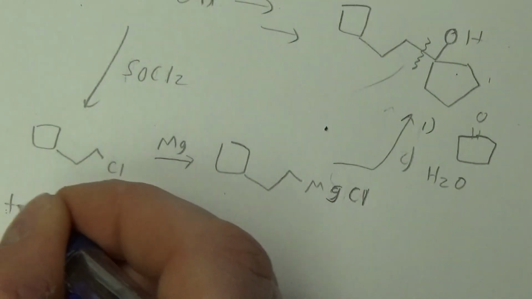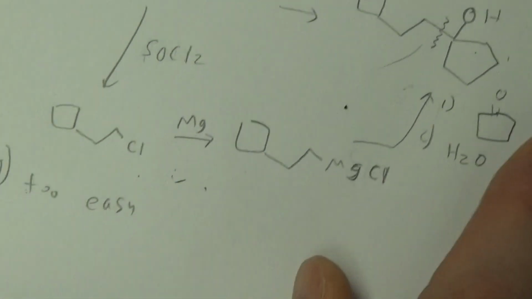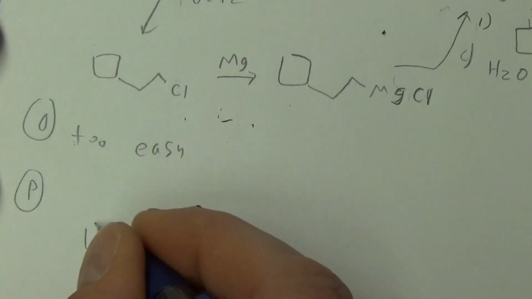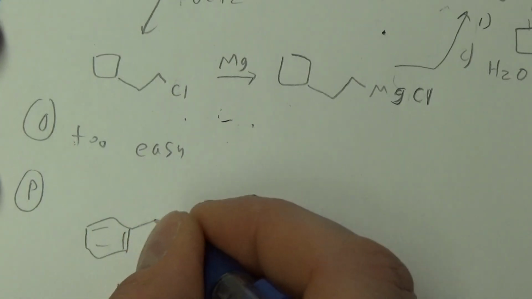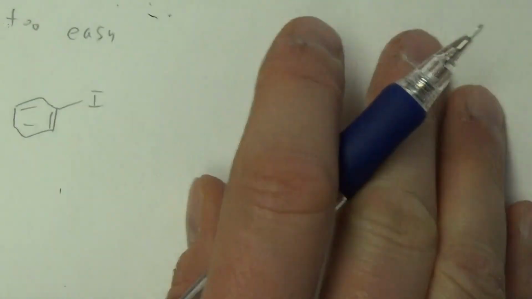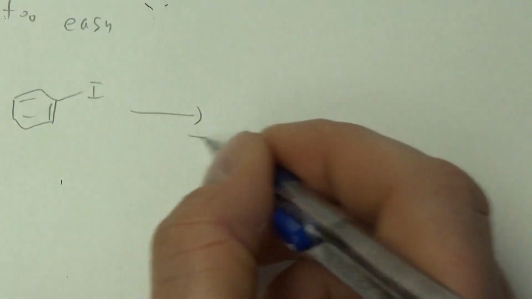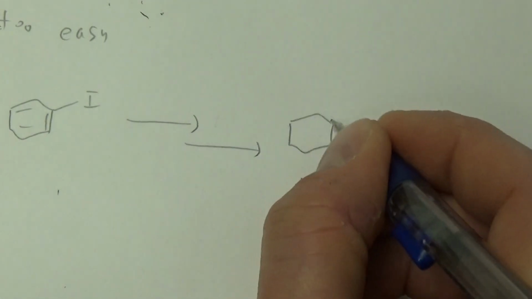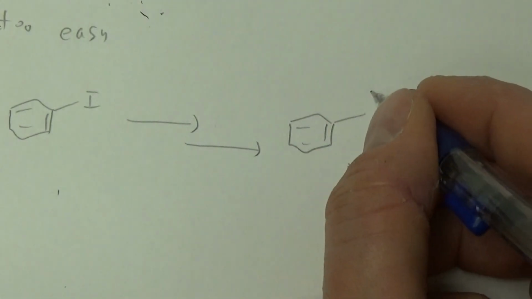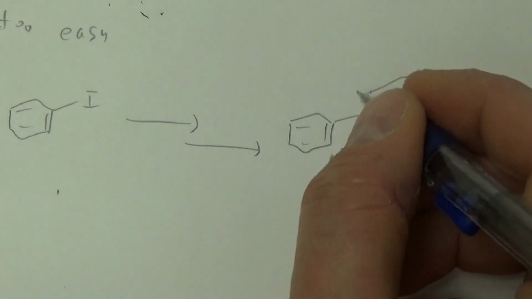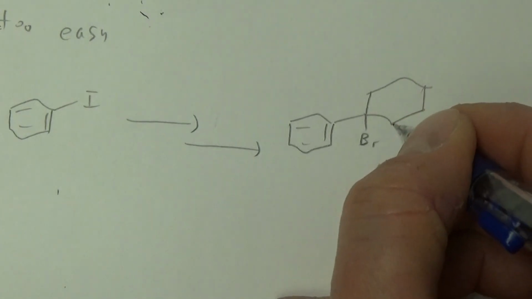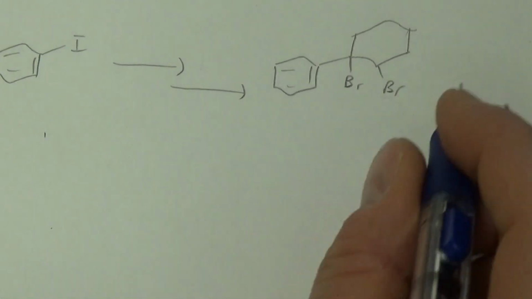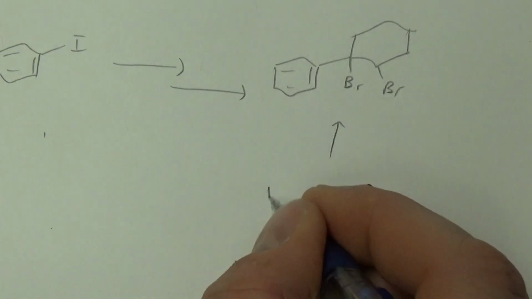So we did O, too easy. P is iodobenzene, and then it's going to be Br2. To make a dibromide, it's just from an alkene, so we just draw the alkene.